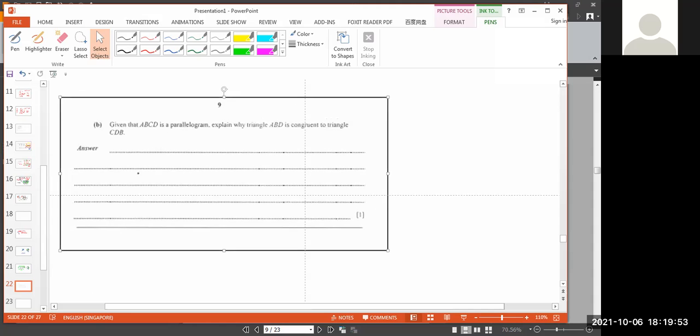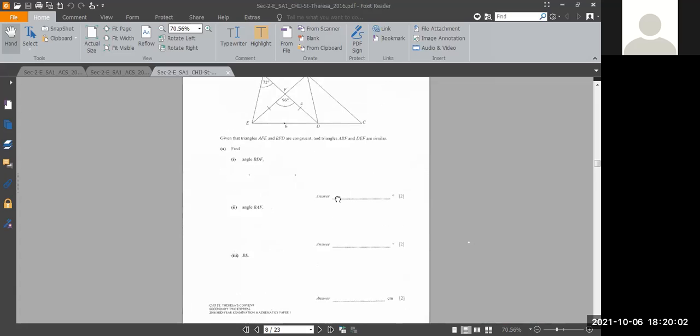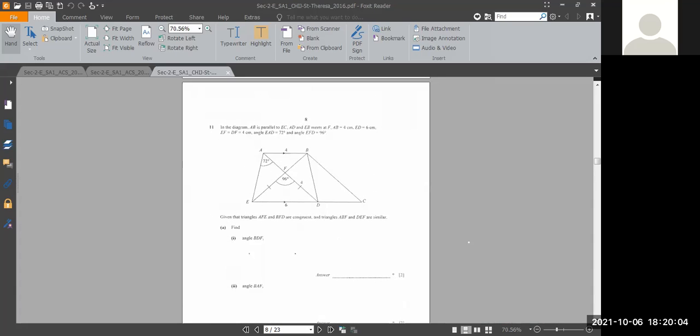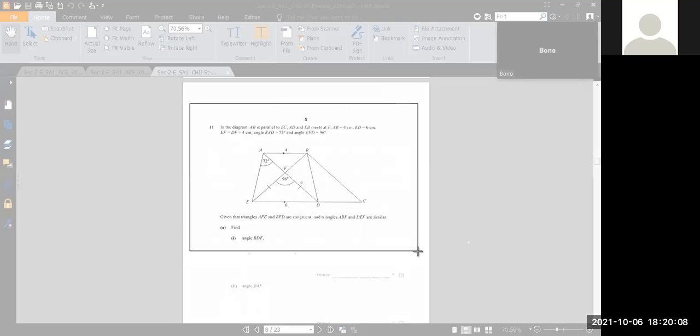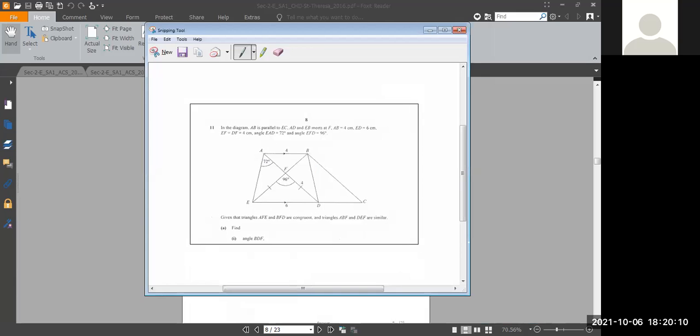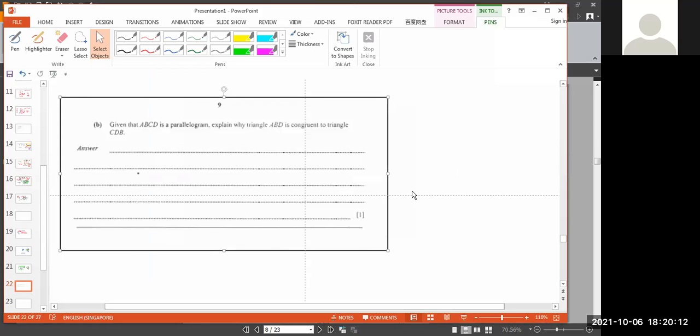Okay, let me just get the figure out. Put it side by side. Okay, sorry.